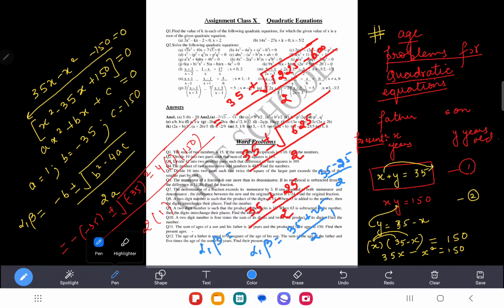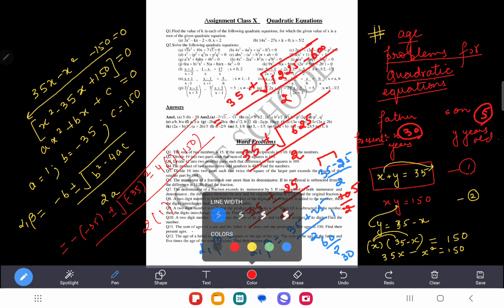And thereby that is going to become 60 over 2, that is going to become 30. And 35 minus 25, that is 10 over 2, that means 5. So that means the father is 30 years old and the son is 5 years old.